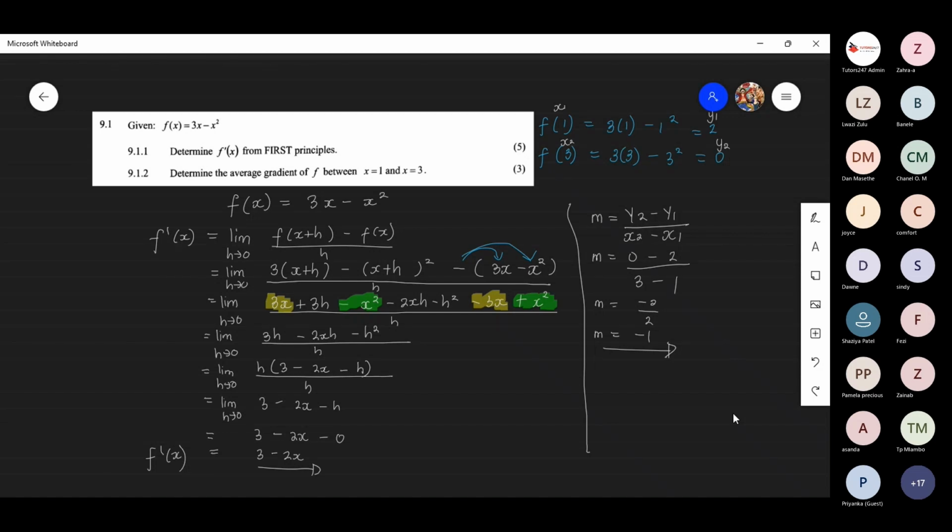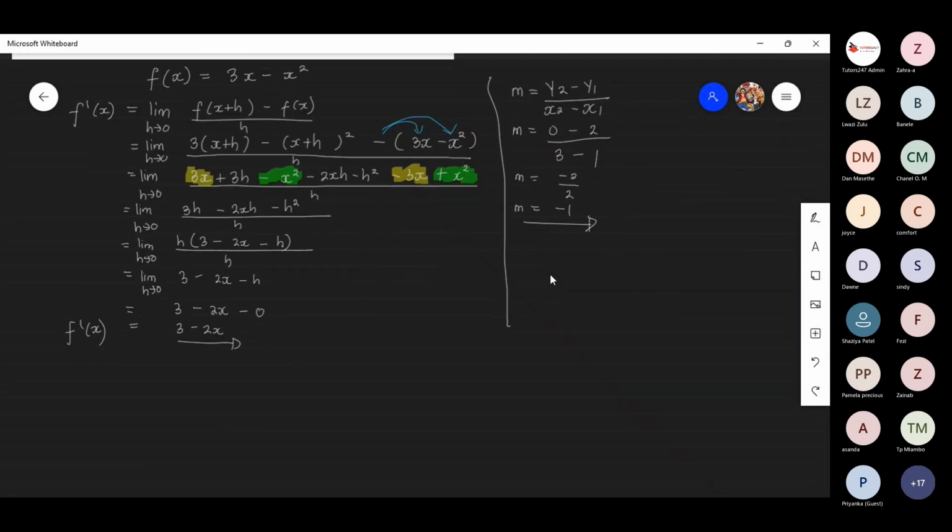So once you've obtained the gradient at both those points, you know how to find average. All you do is you add up the independent values and you divide it by the number of data points. So let's do that.